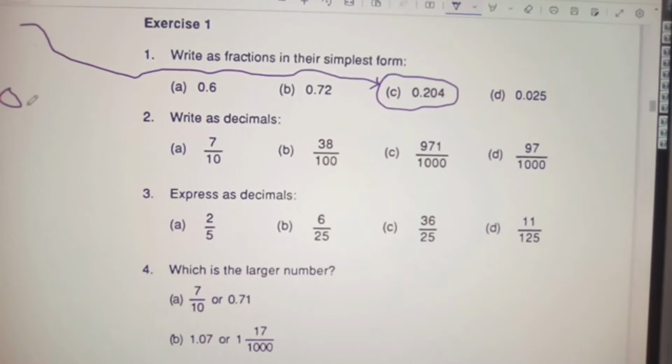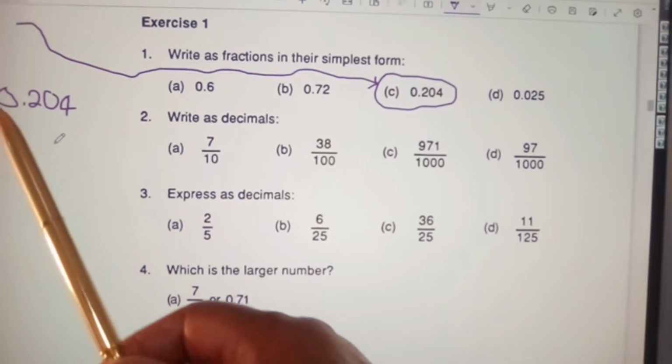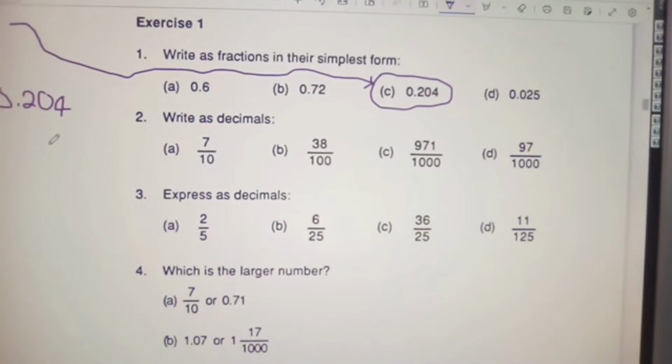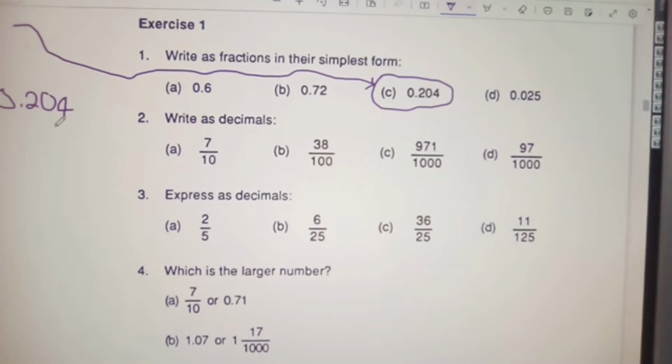Naught point two zero four. Now we need to put this in a manner, and as I said, we have to move this 1, 2, 3 places to the right. And we're going to look at bringing that as a whole number because we're going to put it over 1,000.